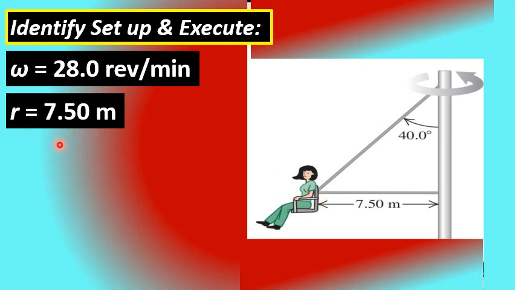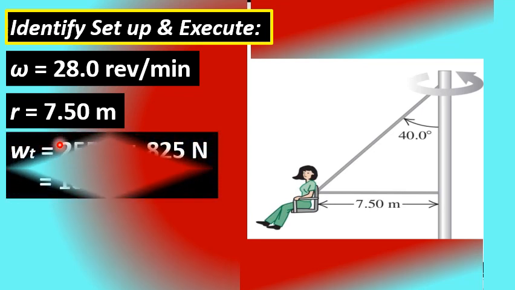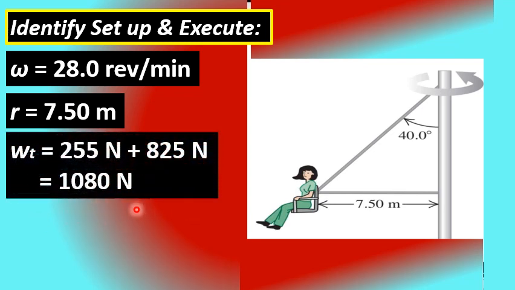The combined weight of the girl and the seat, of course, is 255 newtons plus 825 newtons, which is 1080 newtons. So again, in the diagram, we can identify the forces acting on the girl and the seat. We have the force exerted by the diagonal cable labeled here as T sub 1.